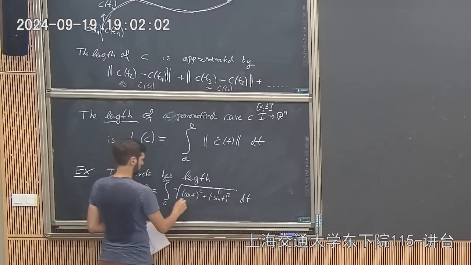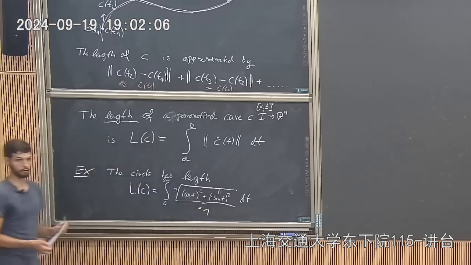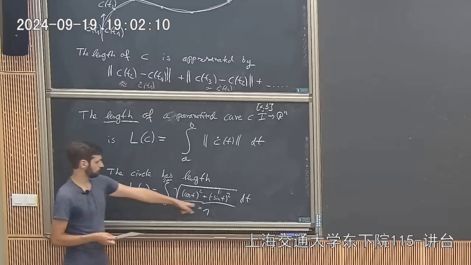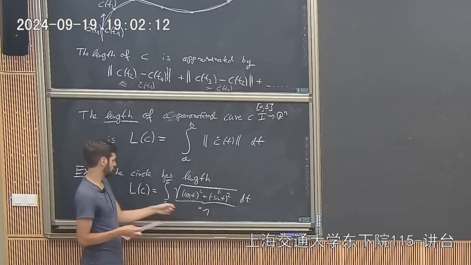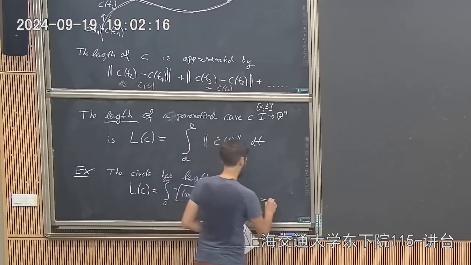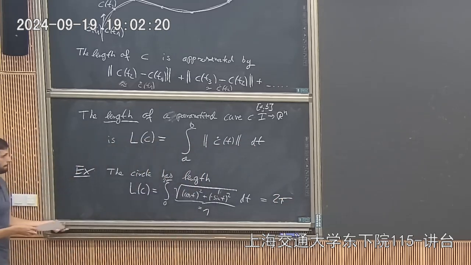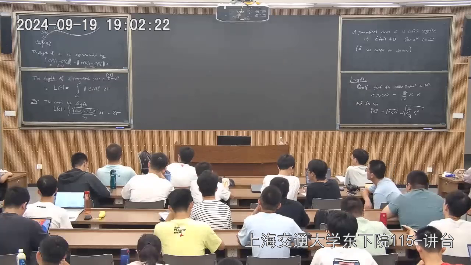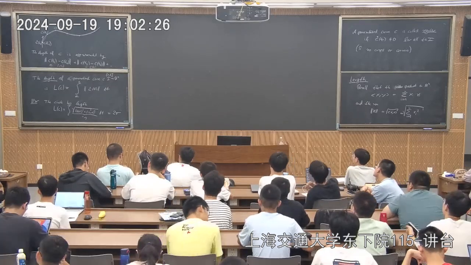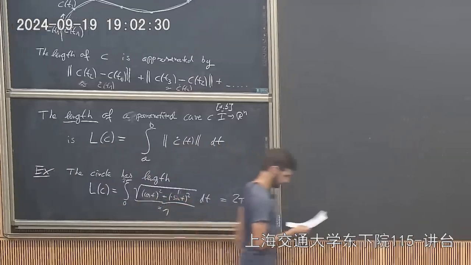This one is just 1, since sine squared plus cosine squared is 1. So the integral is just 1, and we get that the length is 2 pi. So that's a very nice derivation of how you can calculate the length of the curve, or of the circle.